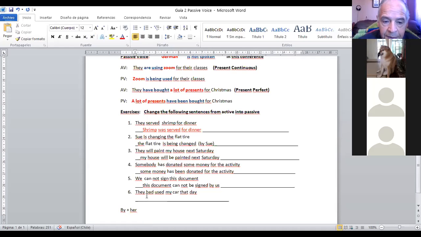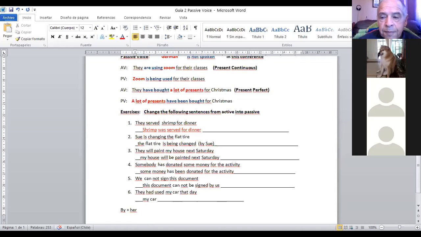Here we have, be careful, past perfect, had used. They had used my car that day. What did they use? His car or her car? Their car. They had used, no, my car. So it will be my car.